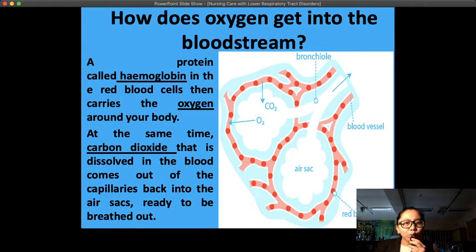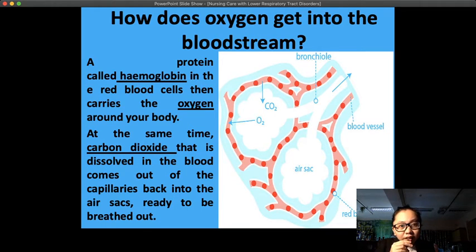So how does oxygen get into the bloodstream? A protein called hemoglobin in the red blood cells carries the oxygen around your body. That is why it is very important that you understand your subjects, from pharmacology to nutrition, so you can better interpret nursing care management. So why do we eat protein?